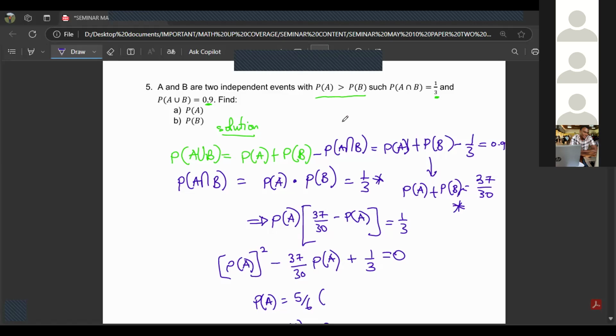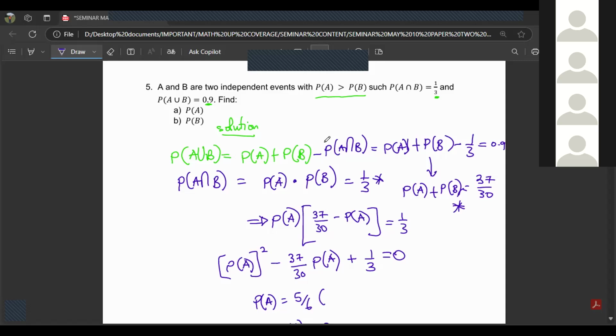Independent events. I could answer that. If two events are independent, it simply means that they don't influence each other. They can have an intersection. That's what the word independent means.